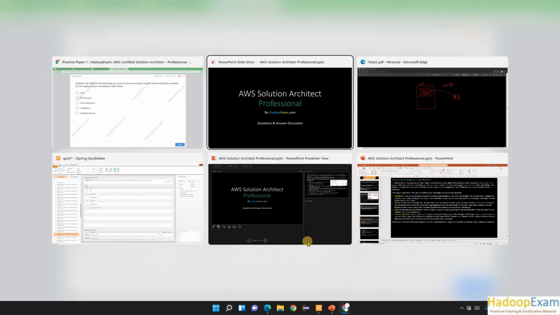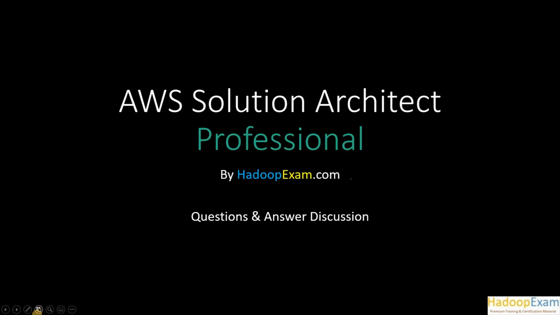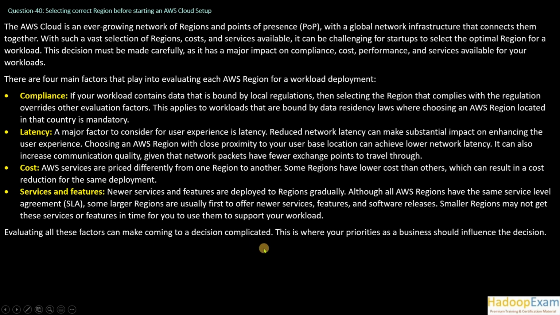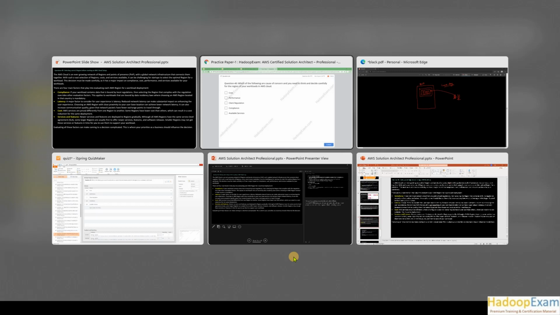Let me first explain using some explanation, then I'll come back. So question 40. The AWS cloud is an ever-growing network of regions and points of presence, with a global network infrastructure that connects them together. Correct. This is AWS's global infrastructure, as we discussed previously. Let me draw here to explain.